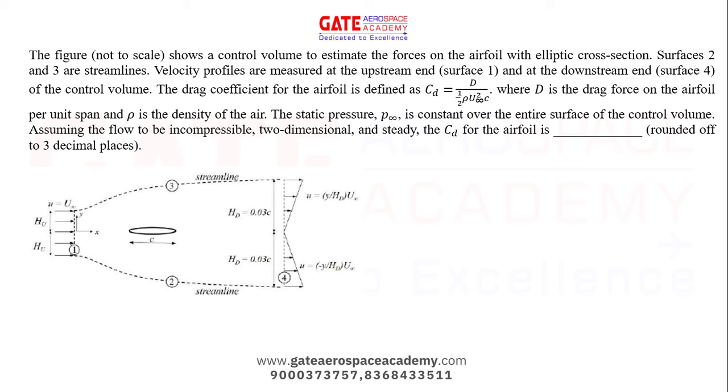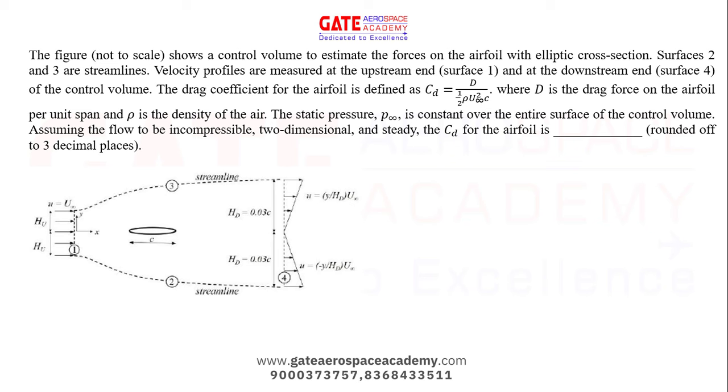The drag coefficient for the aerofoil is defined as CD is equal to drag D divided by half rho u infinity square into C, where D is the drag force on the aerofoil per unit span and rho is the density of the air, right? The static pressure P infinity is constant over the entire surface of the control volume. Assuming the flow to be incompressible, two-dimensional and steady, the CD for the aerofoil is.